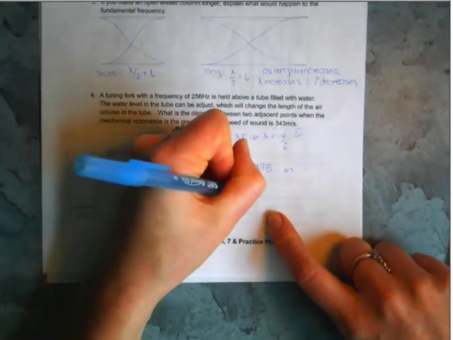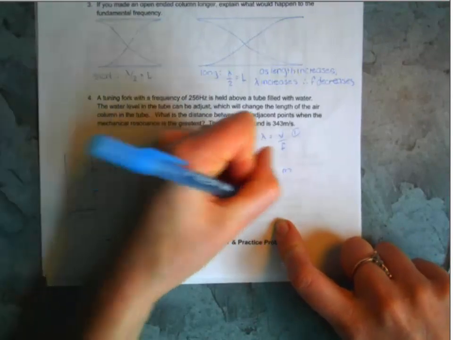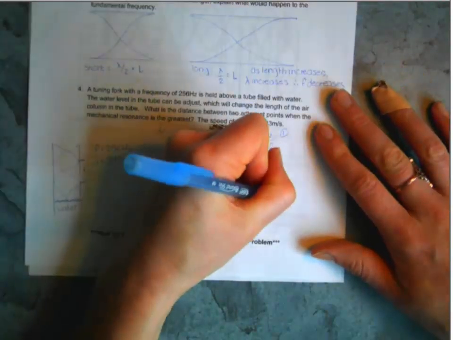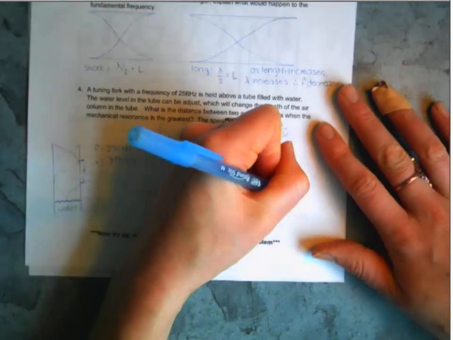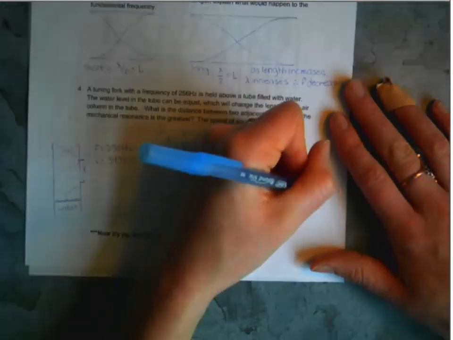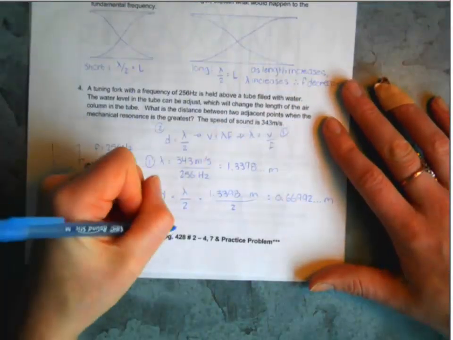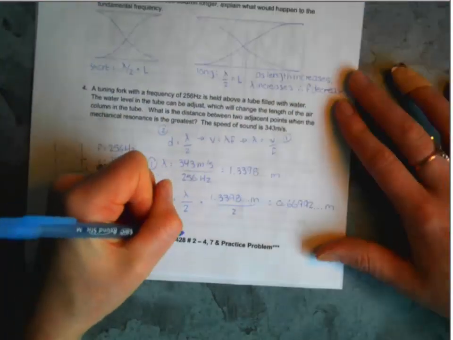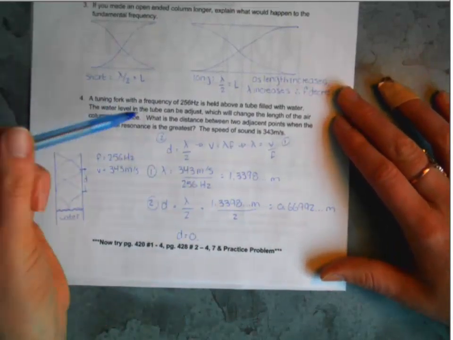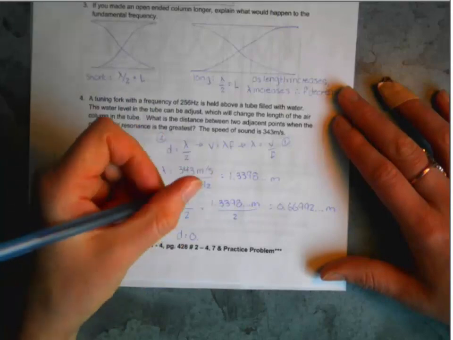So wavelength divided by 2, so 1.3398, something like that, meters over 2 gives us 0.66992 meters. And so as our answer, rounding for sig digs, the least we had there was 3.